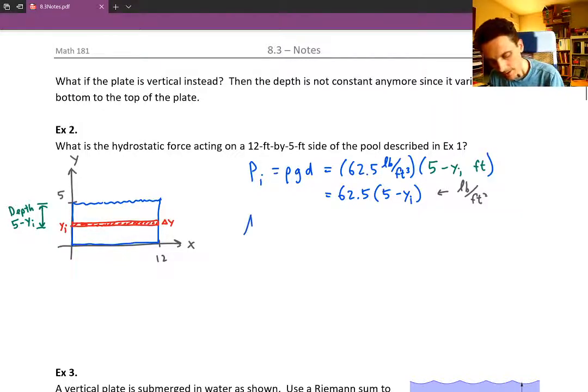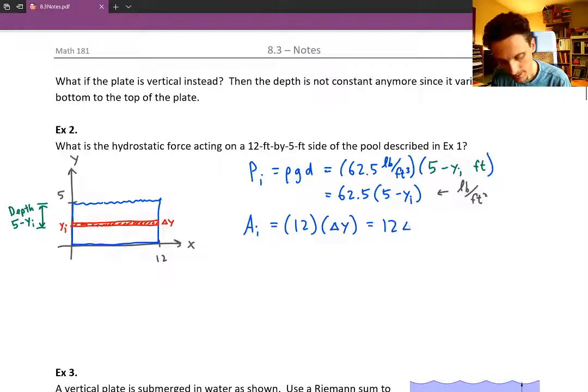Now let's find the area of that horizontal strip. We'll just take the length of that strip, which is always 12. If we look at the side of the rectangle, that's always out there at an x value of 12. In general it's the x value here, which is 12, minus the x value on the left, which is 0, which is always 12 feet, times the thickness, which is delta y.